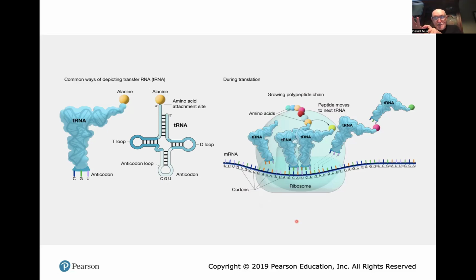So we've seen messenger RNA, and now we need to have a look at the other players in the process of translation. The first one is this fantastic little molecule, which is called transfer RNA. It's a very short piece of RNA, and the RNA actually folds back on itself several times.